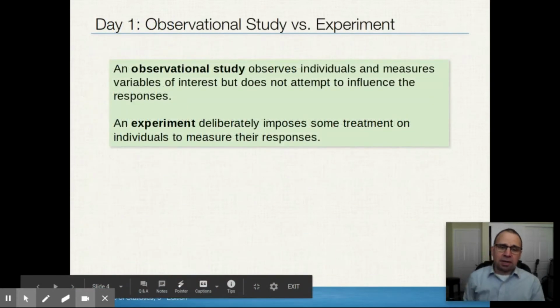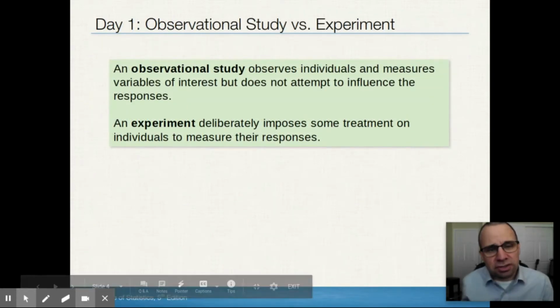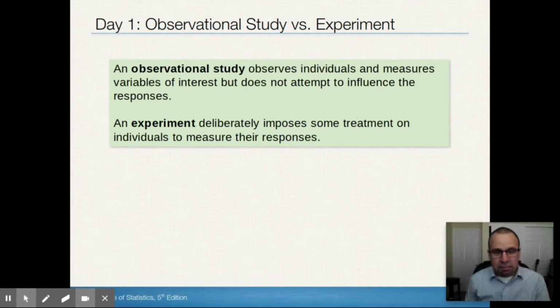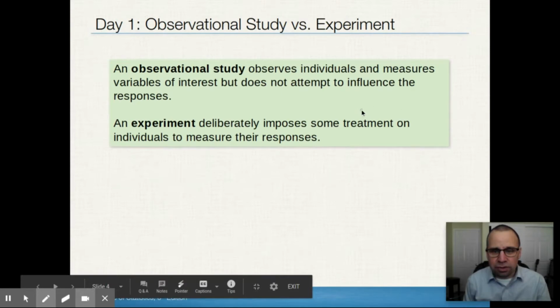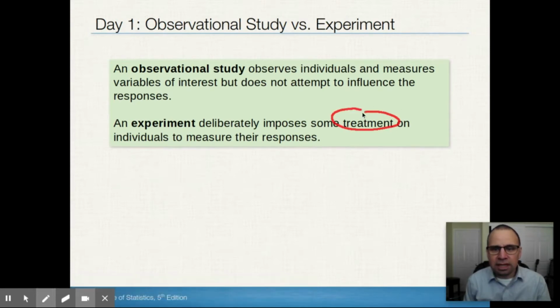The first thing I want to talk about is the difference between an observational study and an experiment. The big, major difference is going to be this word right here. If you cannot find a treatment, it is not going to be an experiment. Otherwise, it will be an observational study. And all an observational study is, you're just observing individuals.